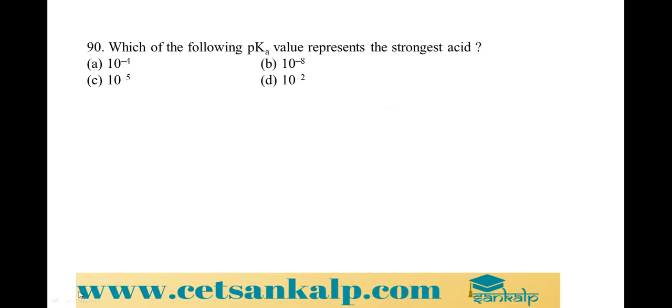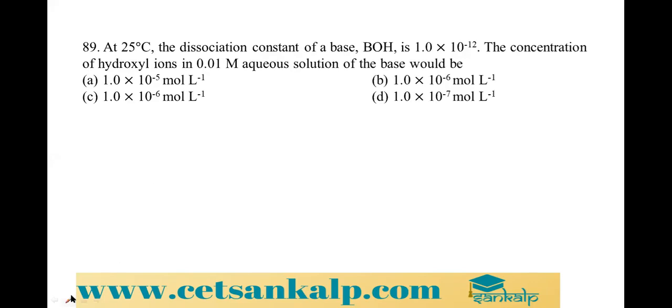Question number 89. At 25 degrees Celsius, the dissociation constant of a base BOH is 1 into 10 to the power minus 12. The concentration of hydroxyl ions in 0.01 molar aqueous solution of the base would be ಕೊಟ್ಟಿರೋ equation ಪ್ರತಿಯೊಂದು ಇದೆ ಅಲ್ಲಿ ನೋಡೋಣ. ಈಗ ಗಿವನ್ ಇಂದ ಸ್ಟಾರ್ಟ್ ಮಾಡ್ಕೊಂಡು ಗಿವನ್ Kb is equal to what? 1 into 10 to the power minus 12.